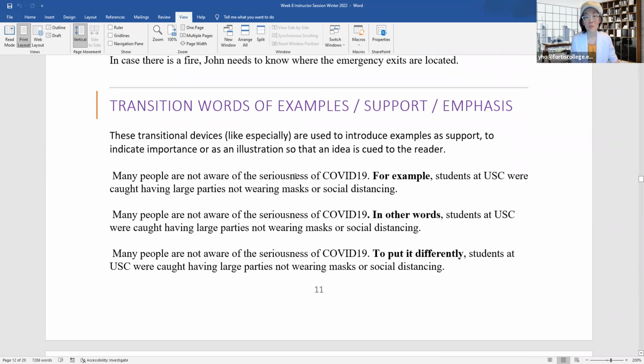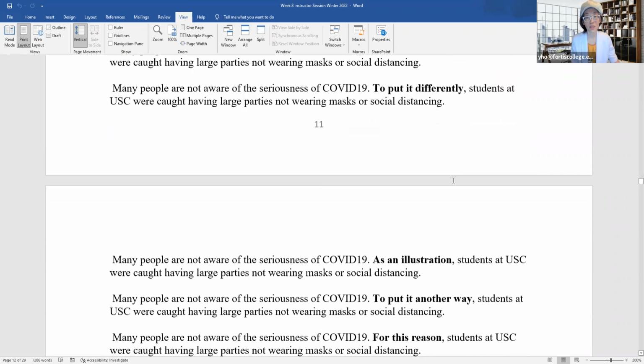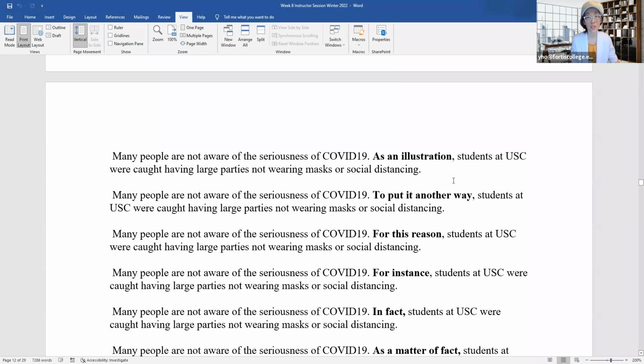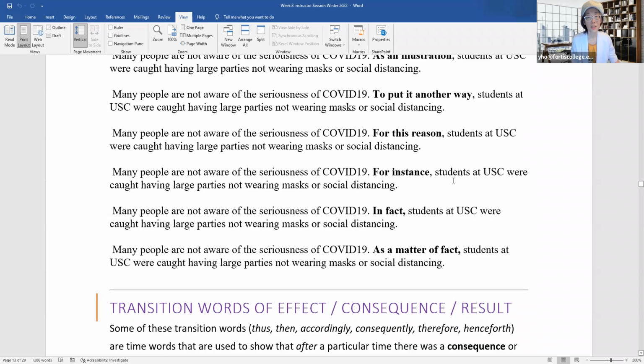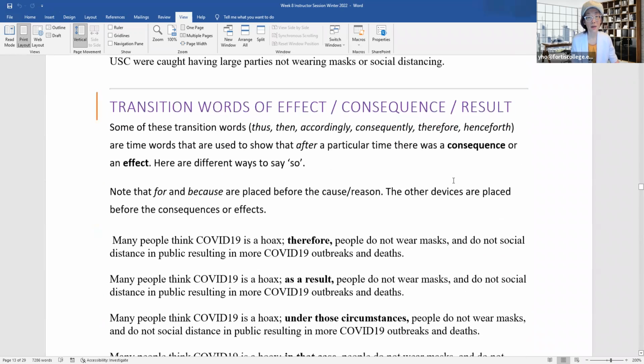So many people are not aware of the seriousness of COVID-19, and students at USC were found having large parties. Instead of saying and, you could say, for example, in other words, to put it differently, as an illustration, to put it another way, for this reason, for instance, in fact, and as a matter of fact.